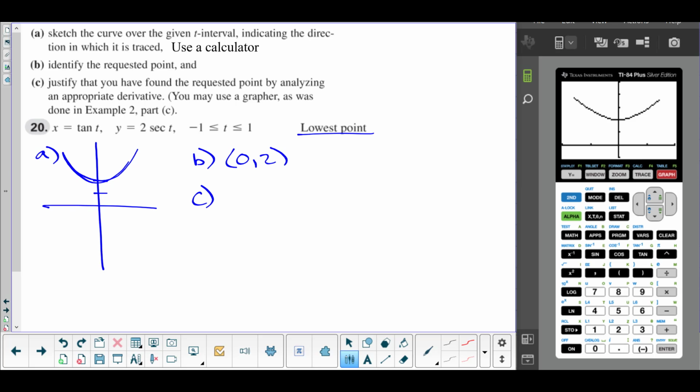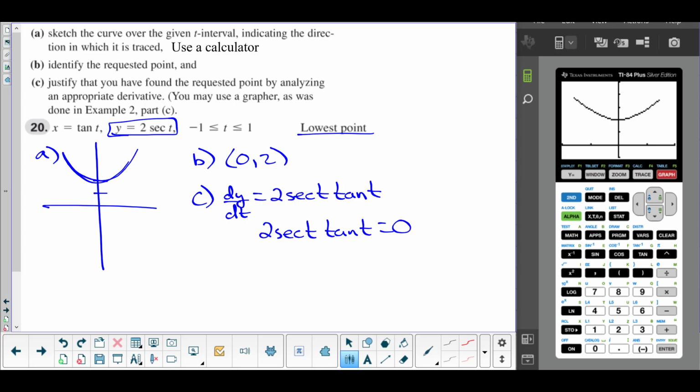Letter C, if I want the highest or lowest point, we're going to take the derivative of y. So dy/dt is equal to 2 secant tangent. And we want 2 secant tangent equal to 0. Well, now let's figure out where tangent is 0. Tangent is 0 at 0.